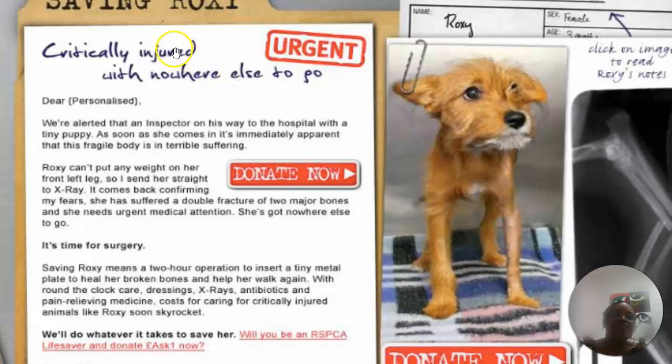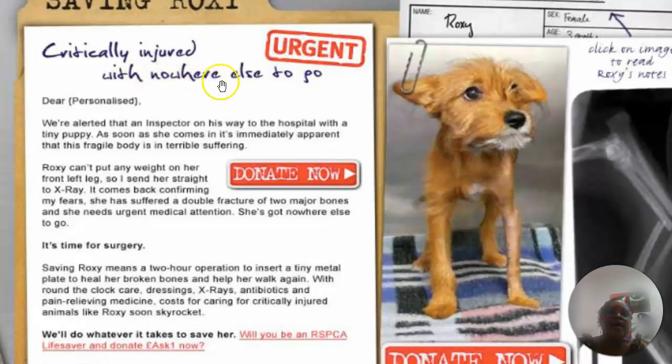In fact, the adverb critically next to the verb injured suggests that Roxy is in a dire state and needs urgent help.